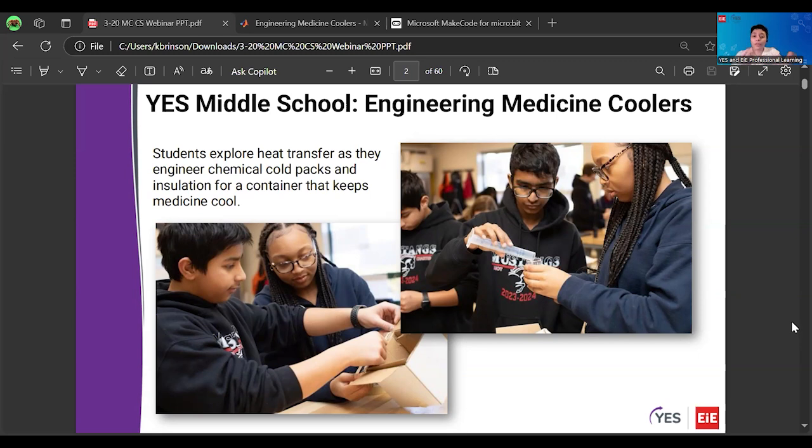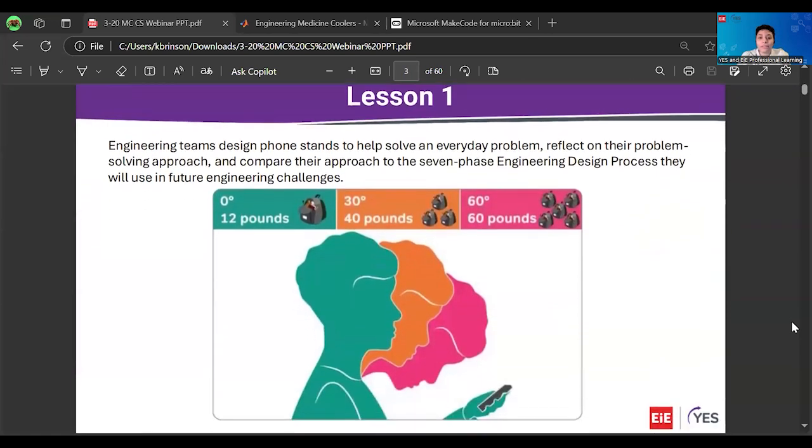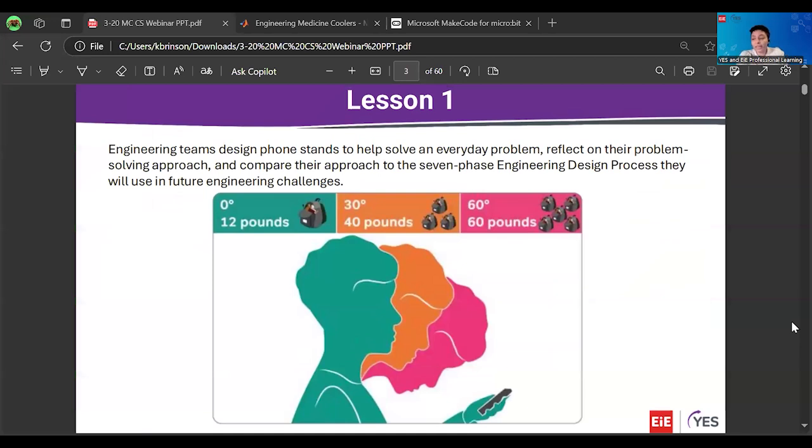And so what you need to know about this unit, just like all of our other units, is that it is 9 lessons long. They're approximately 45 minutes each, and I'm going to walk through what each of those lessons entails. So lesson 1 is an introduction to the engineering design process. Students are introduced to the problem by looking at this image here, which shows that the more you bend your head down to look at any sort of cellular device or phone, the more the weight and pressure increases on your neck.